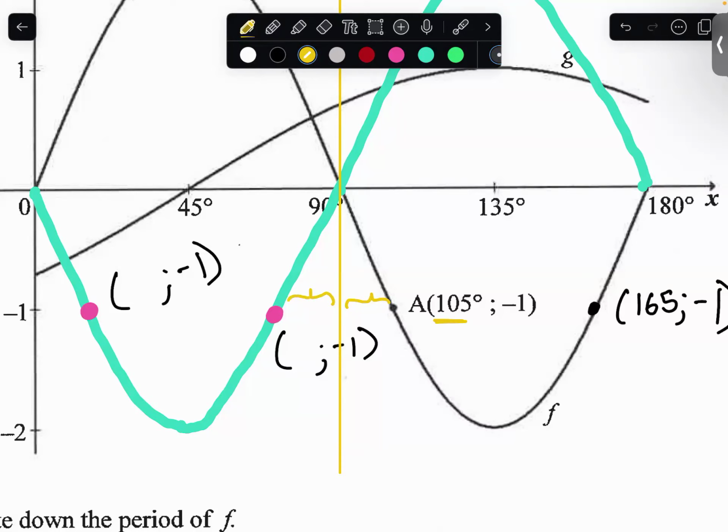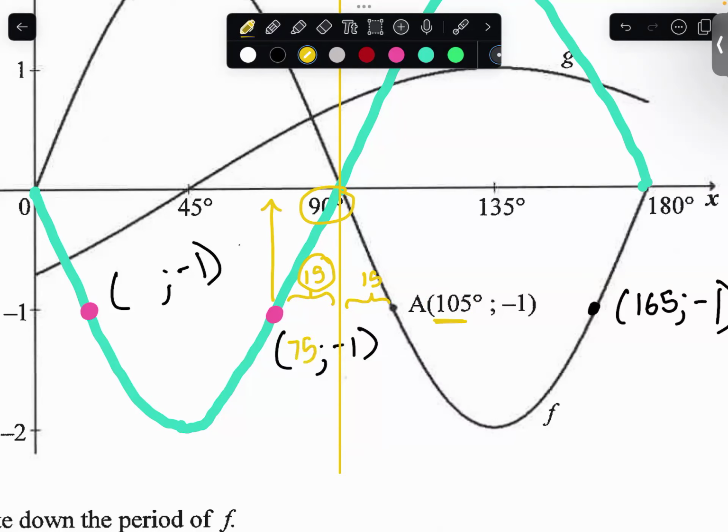So the distance from 90 to 105 is 15. So this distance is 15, which means this distance is 15. So 90 minus 15 will give me this x value. So 90 minus 15 is 75.